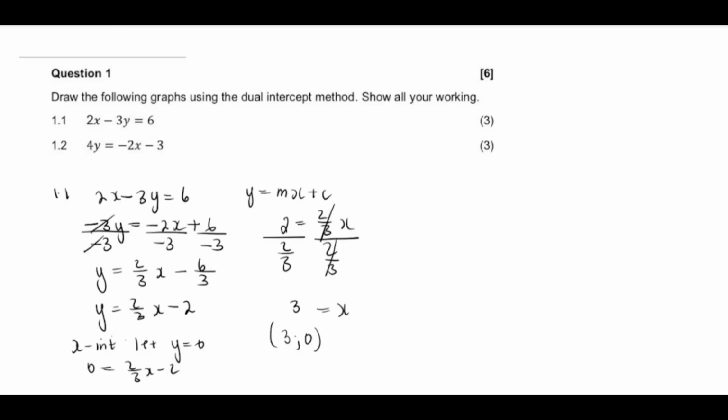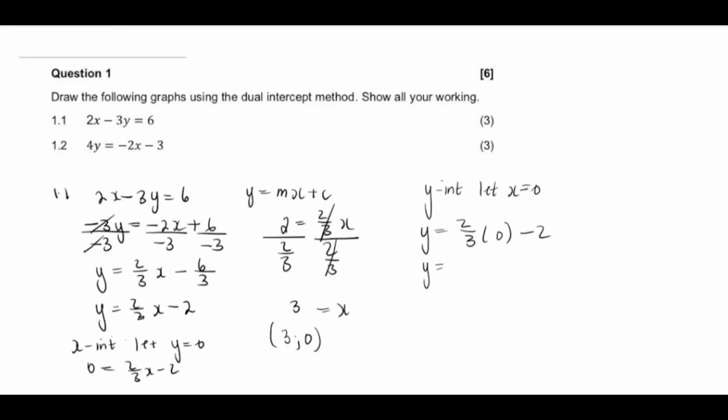Let's find our y-intercept. For the y-intercept, we let x equal 0. y is equal to 2 over 3 times 0 minus 2.